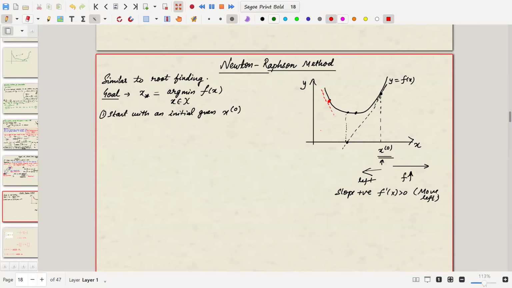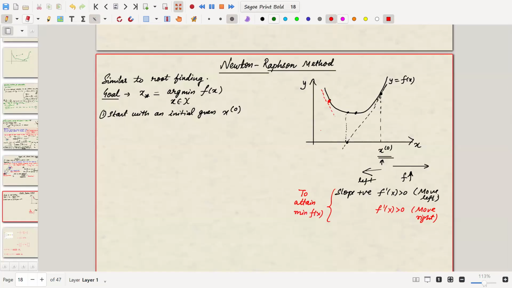If f prime of x is negative, what does it mean? So where should we move? If f prime of x is less than 0, move right. To attain minimization. Why are we doing all this? To attain the minimum of f(x).